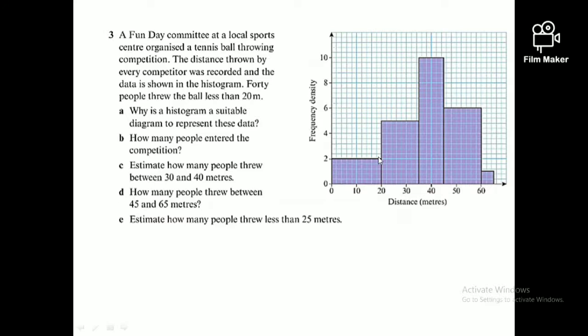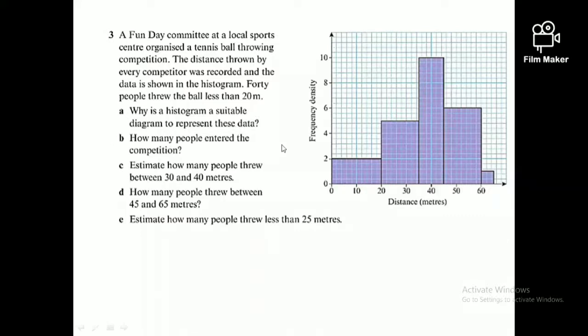That means this area would be 40. The first question they ask is why is a histogram suitable to represent this information? The simple answer is, since this information is continuous data, a histogram is much more suitable.